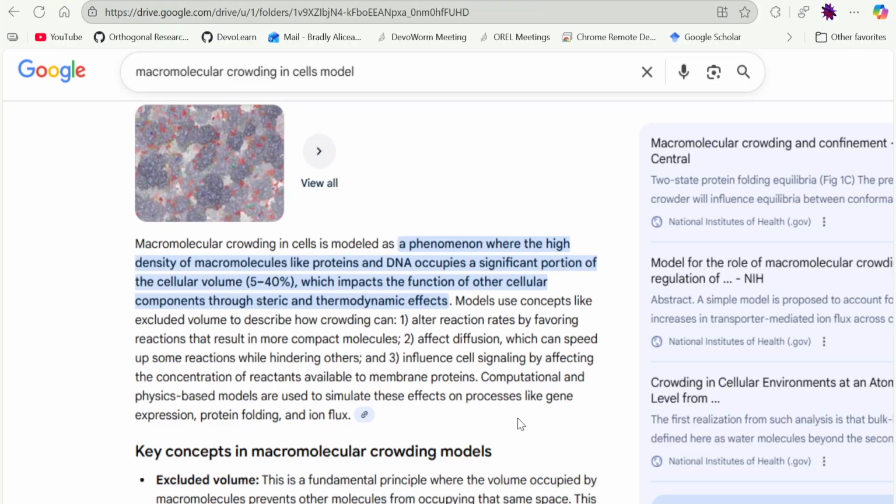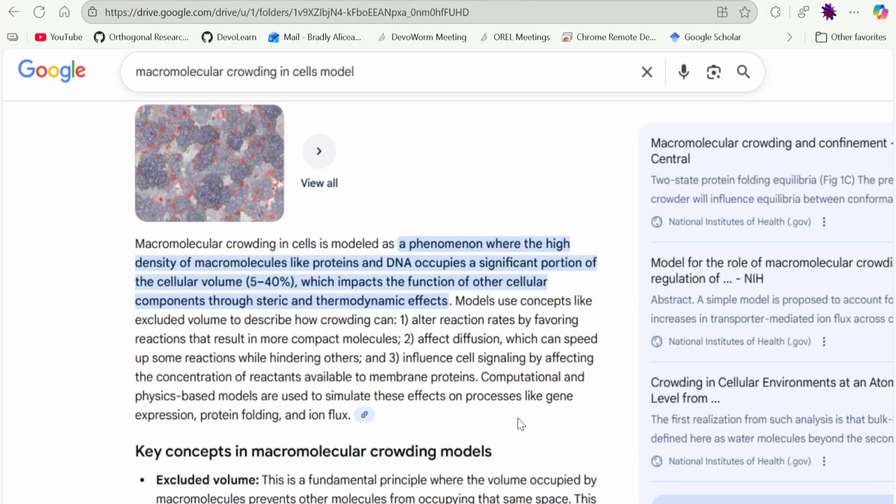So remember, the cell is producing a lot of RNA molecules: mRNAs, miRNAs. It's also producing proteins, which are assembled from the mRNAs into amino acids at the ribosomes.